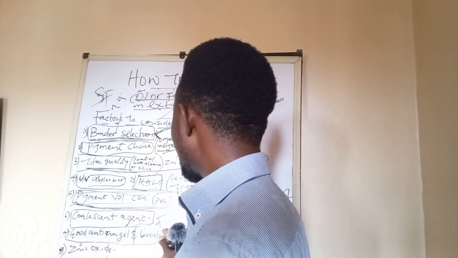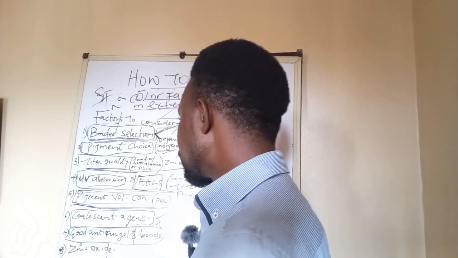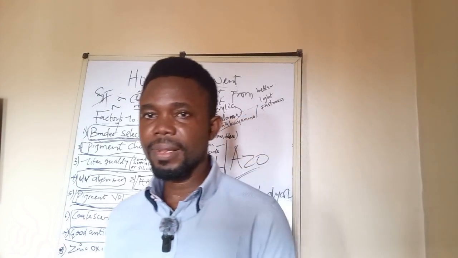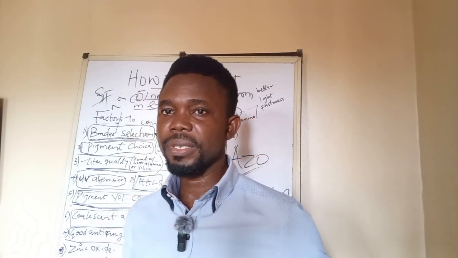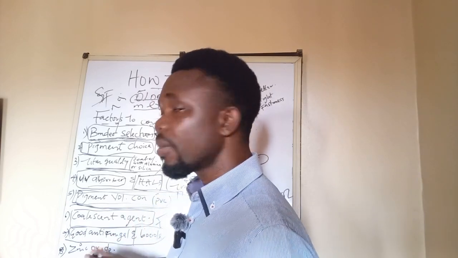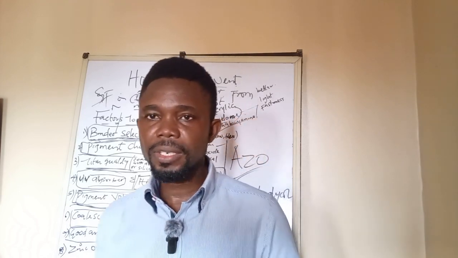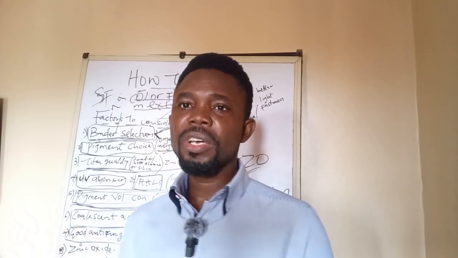You want to use a good antifungal and biocide in that paint. One of the things that cause color fading, color shift or color degradation is the activity of fungi on the paint, because it is used on an exterior substrate.